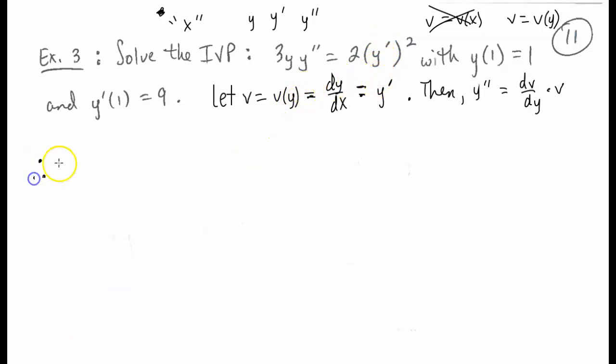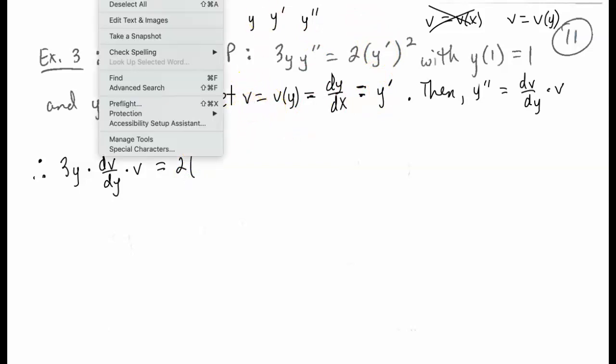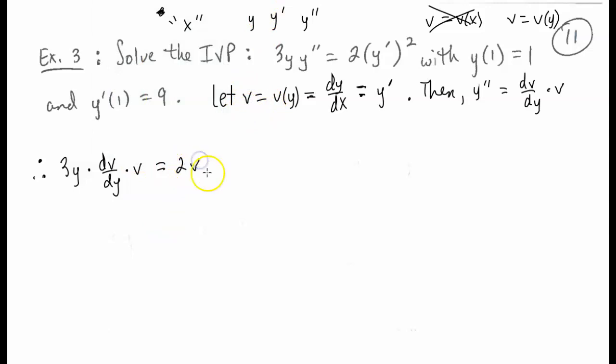So this will give us 3y, and in place of y double prime, we're going to put the derivative of v with respect to y times v. And then on the right side, this will be 2 times, in parentheses, y prime. That's just going to be v. So we'll just say that that's 2v, and that'll be 2v squared.